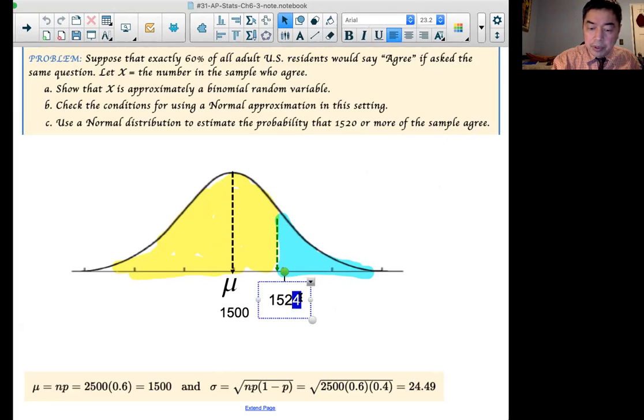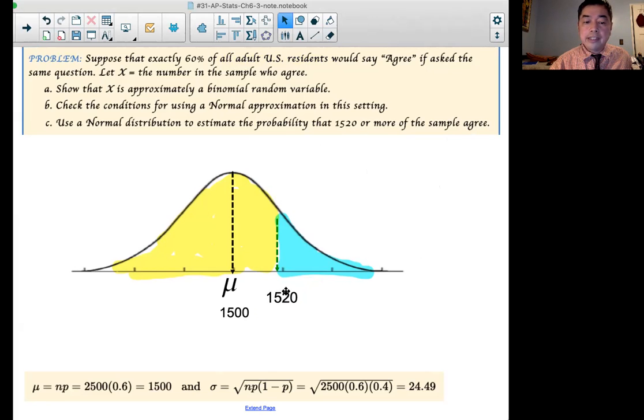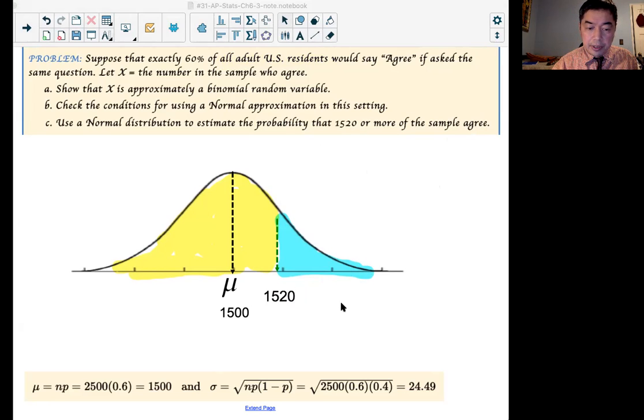So if you want to run the z-score, you can do that too. But I would type 1520. And the upper one is 1 times E, natural number, to the 99 power. That's how we used to do it.